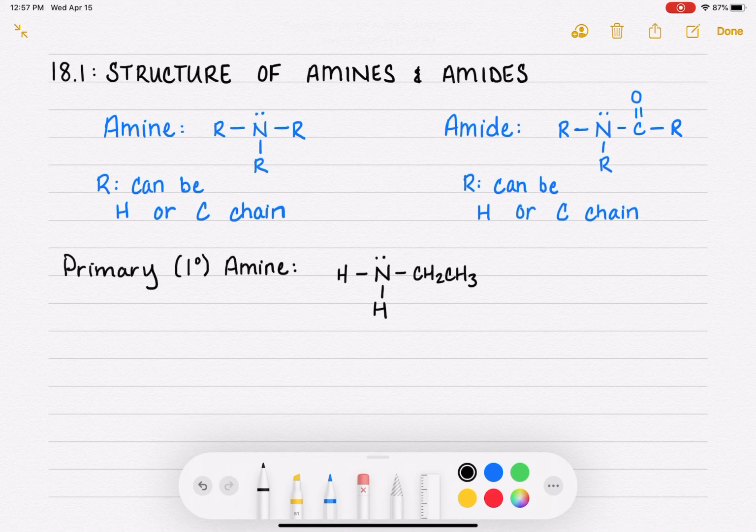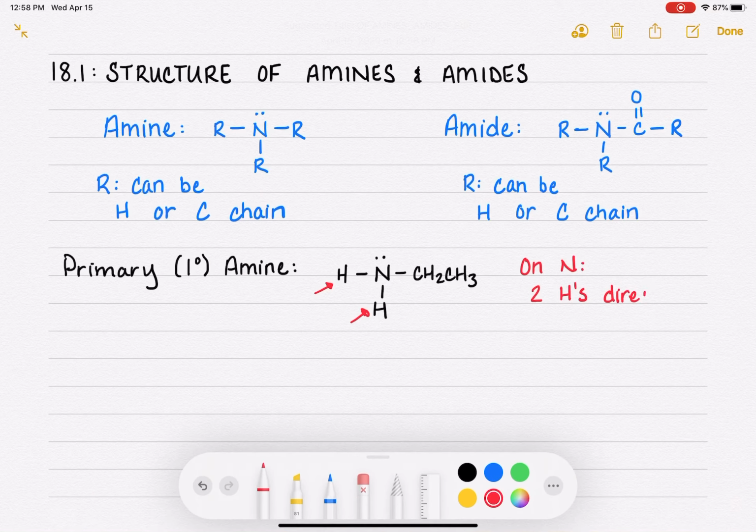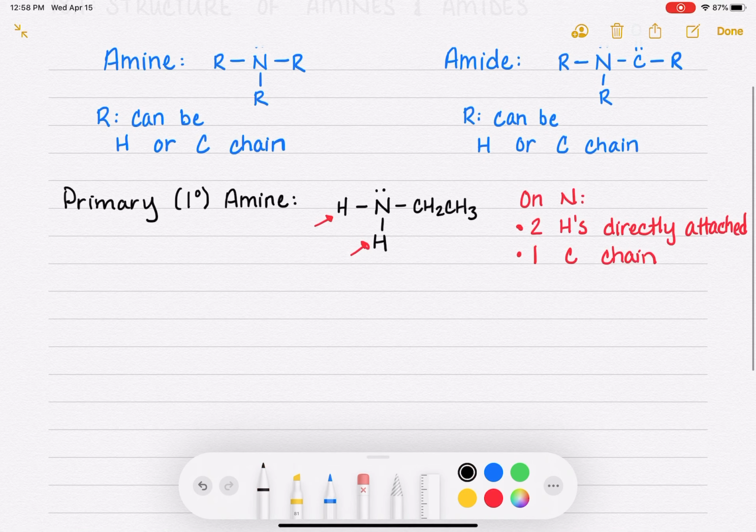This is an example of a primary amine. So it has on the nitrogen 2 hydrogens that are directly attached. So that's referring to these 2 guys right here. 2 hydrogens directly attached. And it has 1 carbon chain. And the carbon chain, like I said, could be as big or as little as we wanted it to be.